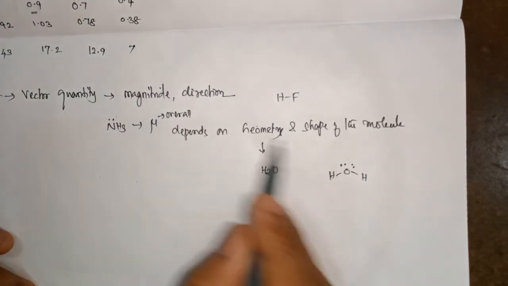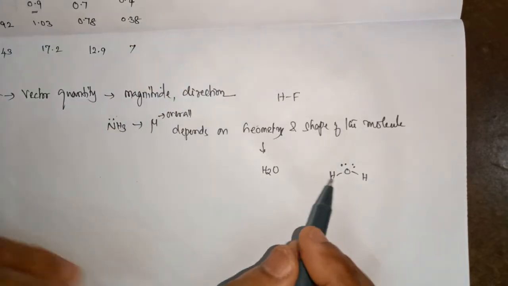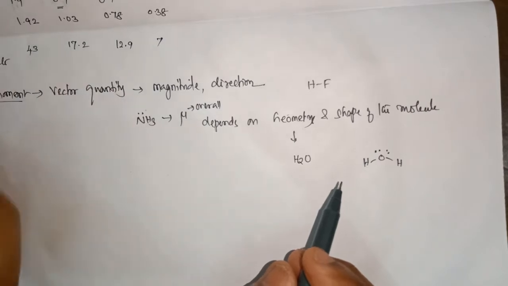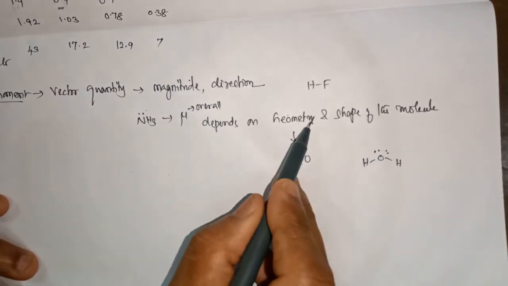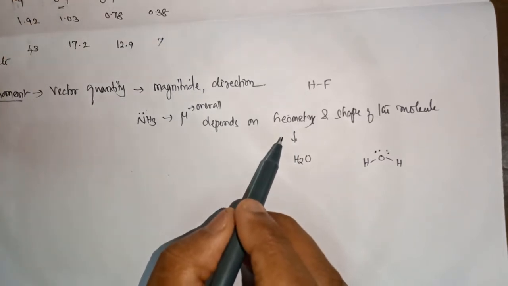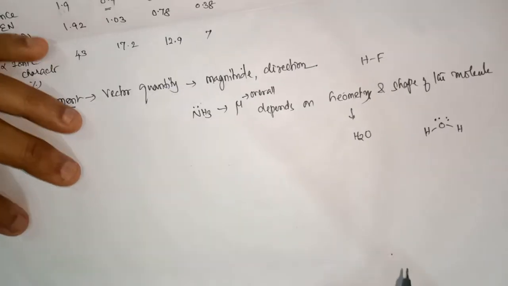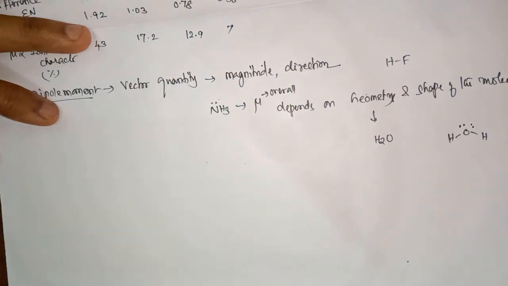Geometry is different from shape. Regarding the dipole moment, consider the molecule with bond pairs as well as lone pairs, so we can go for geometry. For any given molecule, the overall dipole moment depends on geometry as well as shape of the molecule. Now I come to some examples for this.